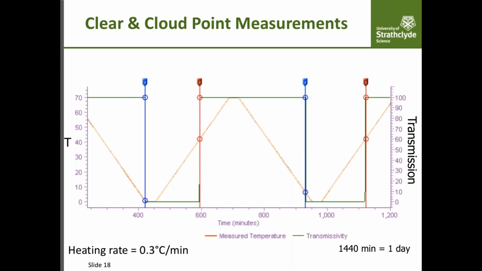And we cool down, and at some point we get crystals in the sample. These crystals are detected because the transmission of light goes down. You really see that happening in a very short time, the transmission goes from 100% to 0%.